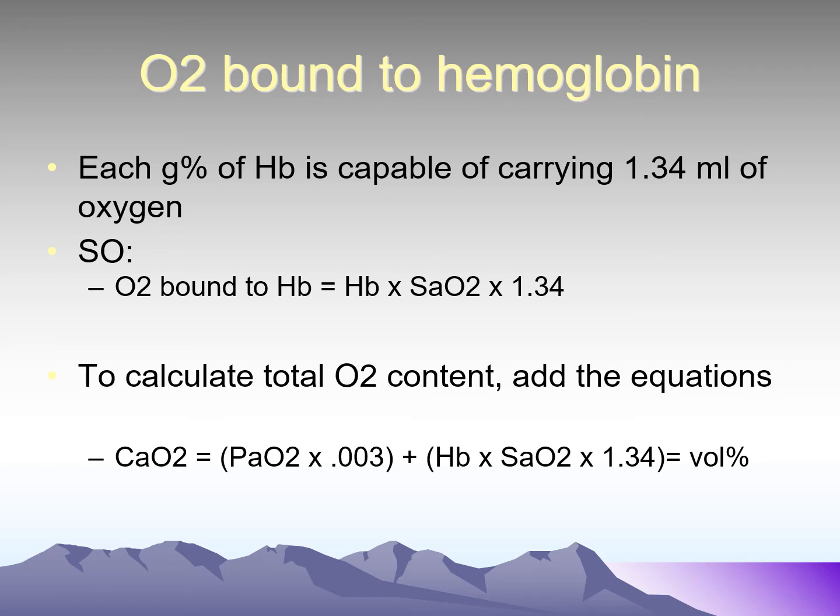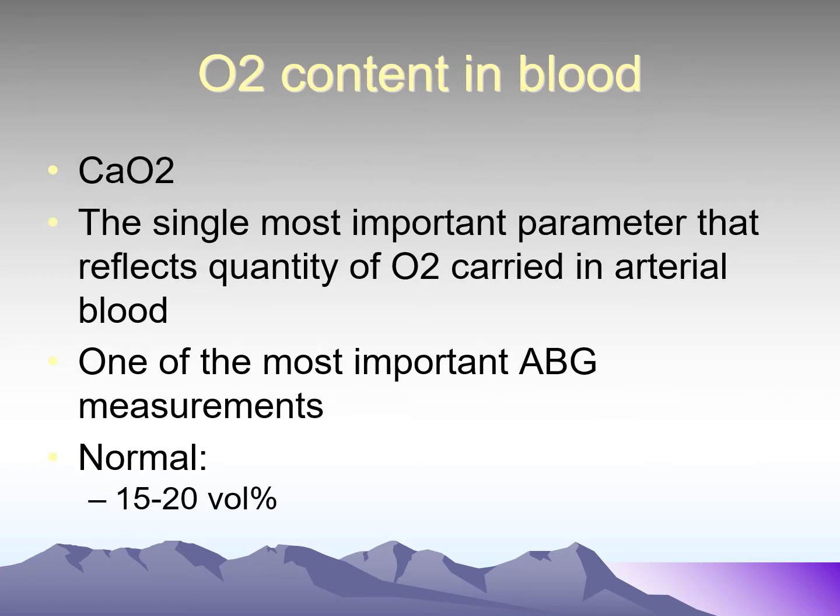Together those are your CaO2, your oxygen content in your blood, which is represented in volume percent. And volume percent is grams per 100 mils.